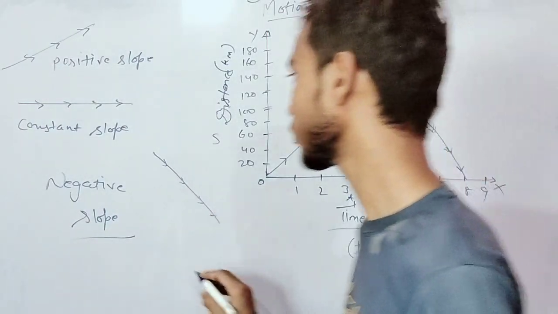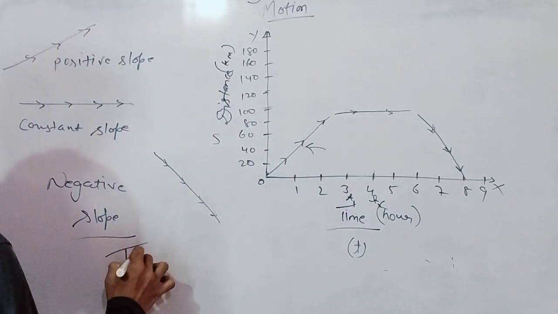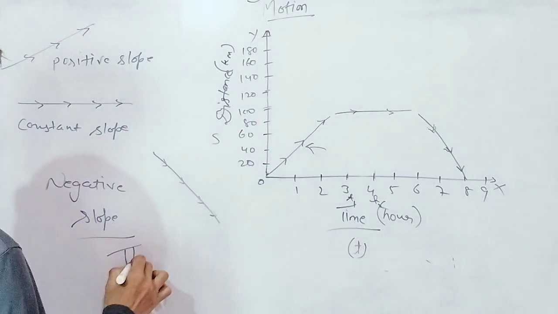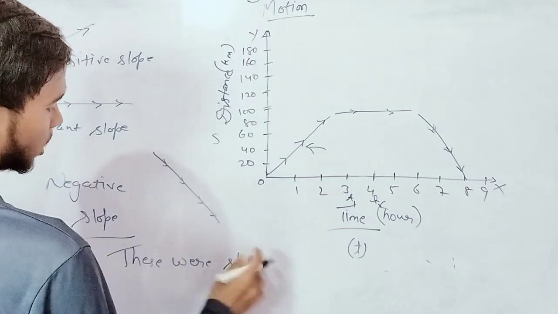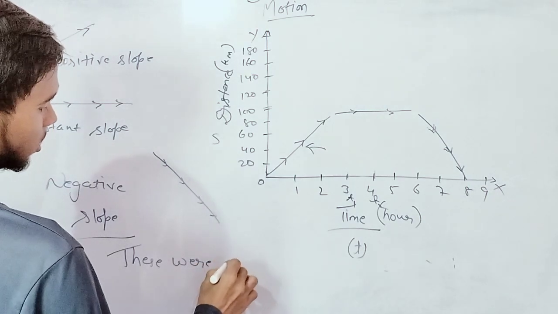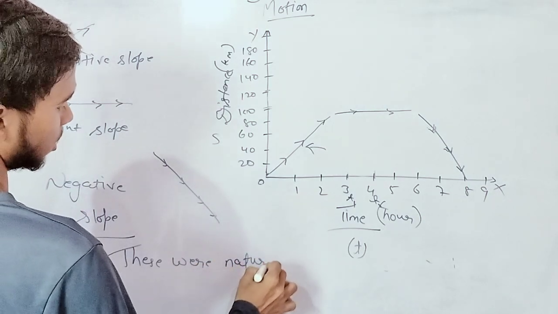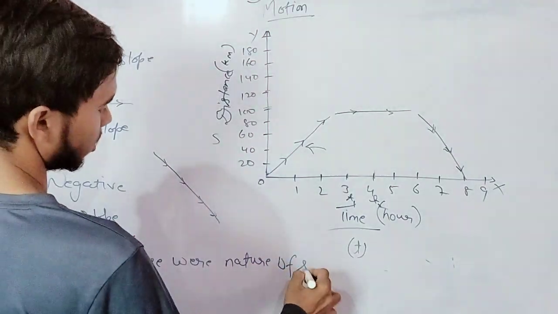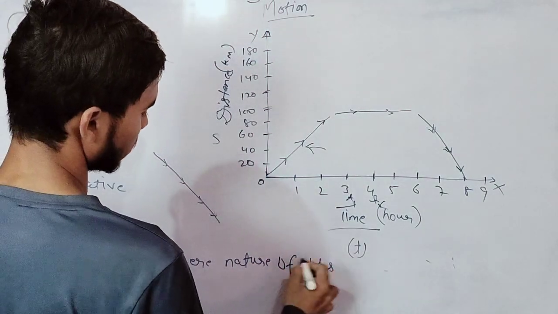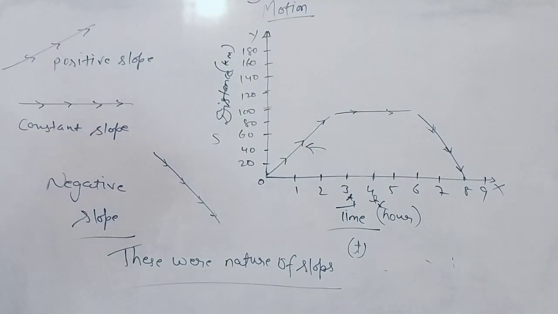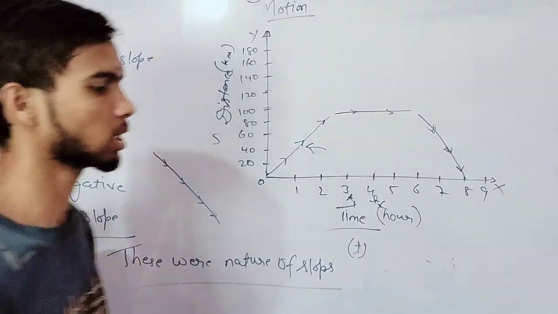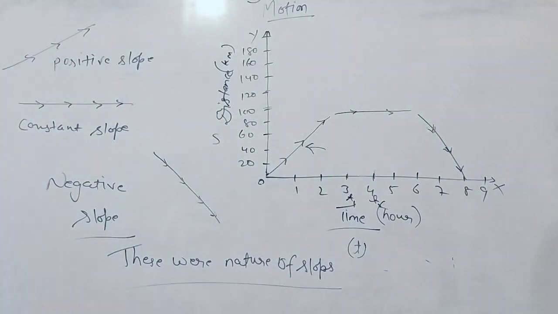So these were the nature of slopes. Clear? I hope you are clear. First, slope can be positive. Second, it can be negative. It can be 0.